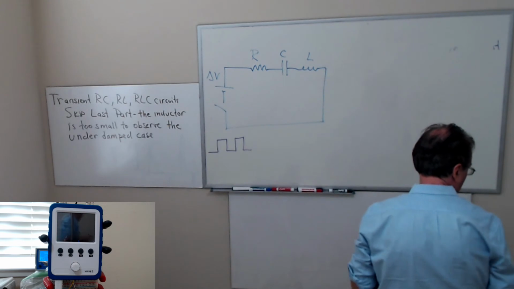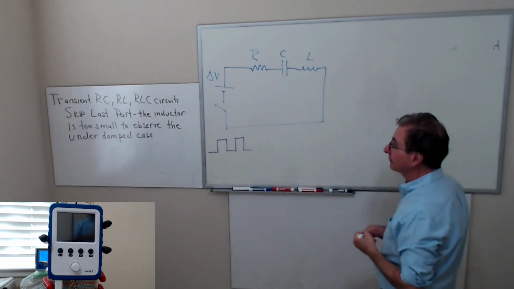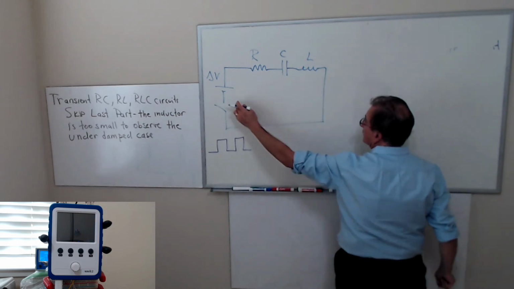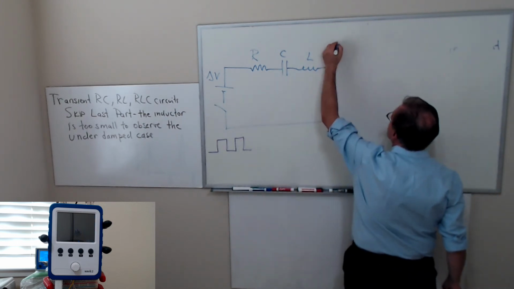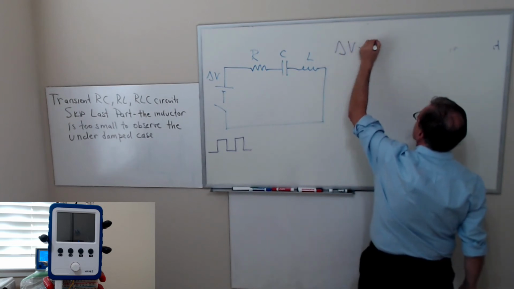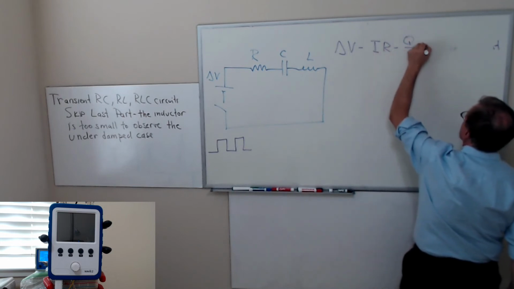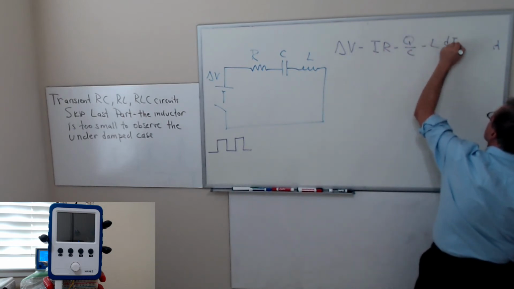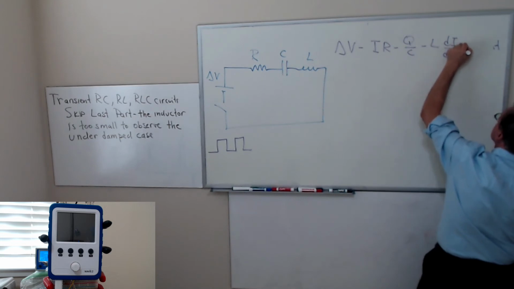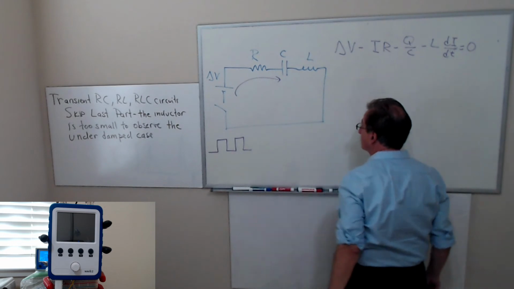So I'm going to use the modified version of Kirchhoff's laws and say, okay, the sum of the voltage drops is going to be 0. And the reason why I'm doing this is because it's faster. And I'm saying the current is going this way, so I'm summing voltage in that direction.